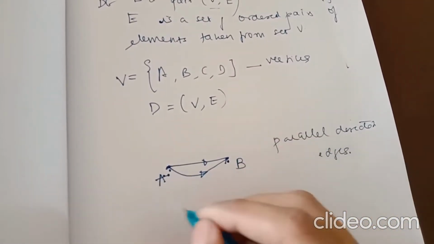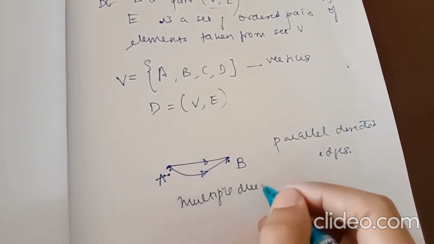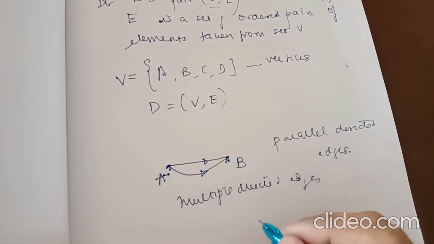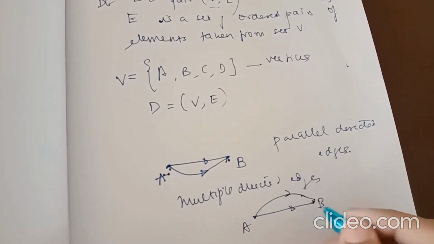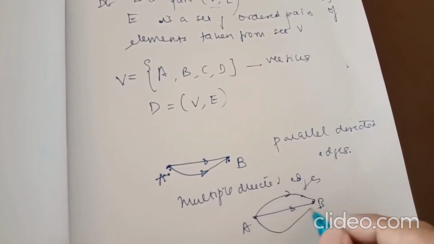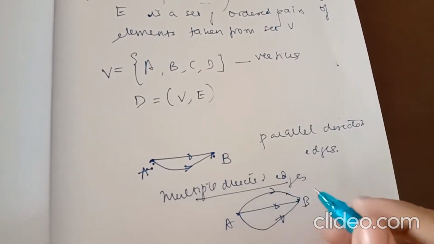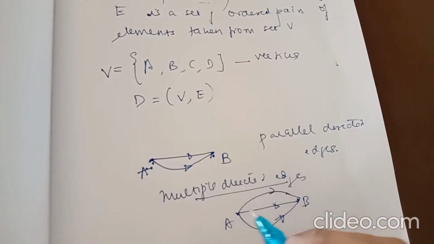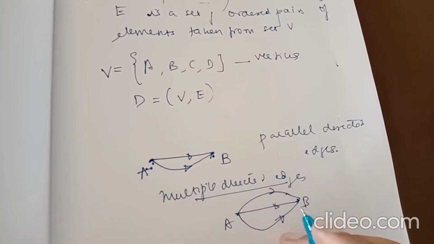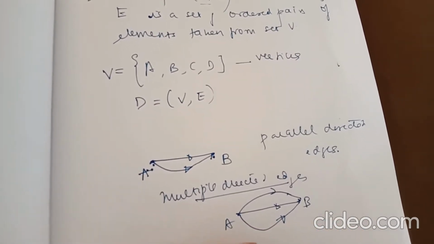So we can also have multiple directed edges. Multiple directed edges means two or more directed edges which have the same initial vertex and the same terminal vertex, something like this. And we can also look into the concept of a directed loop.